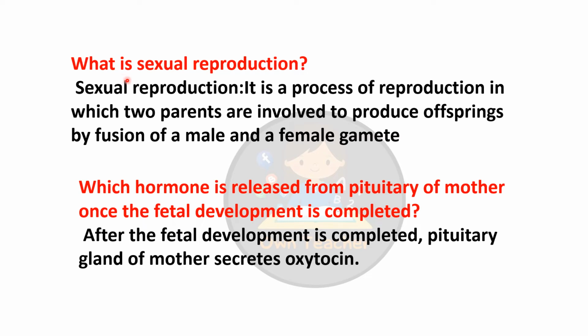What is sexual reproduction? It is a process of reproduction in which two parents are involved to produce offspring by fusion of a male and a female gamete. Which hormone is released from pituitary of mother once the fetal development is completed?